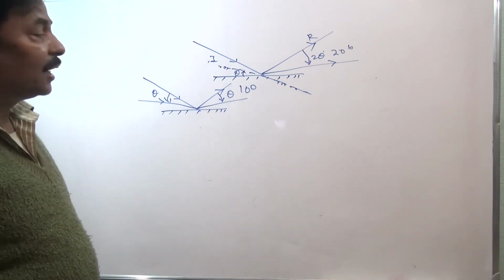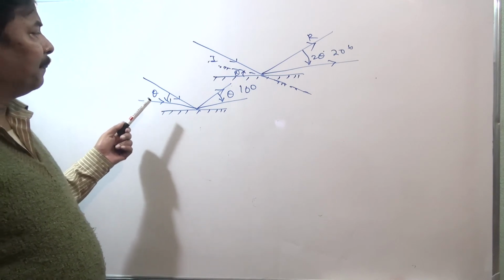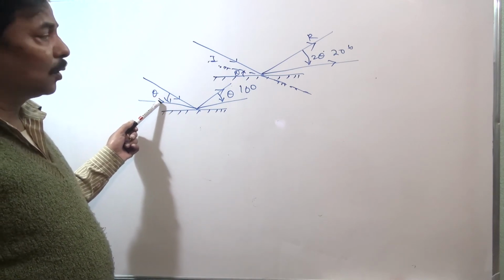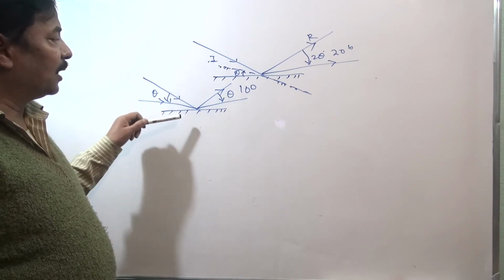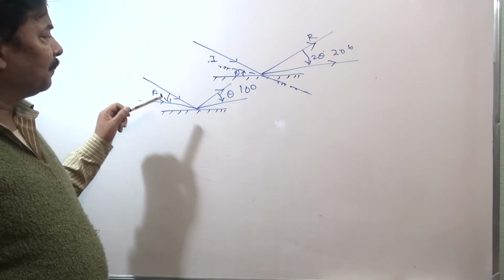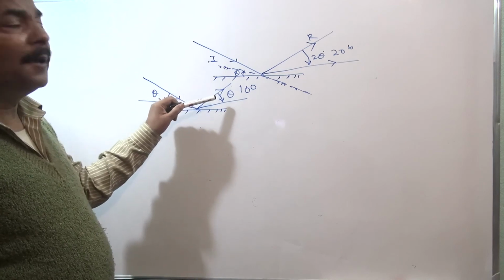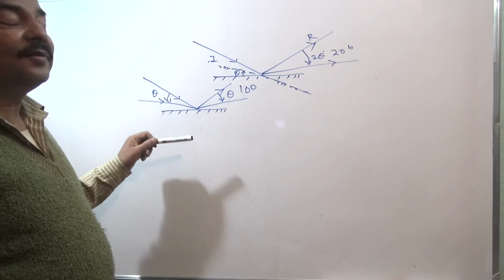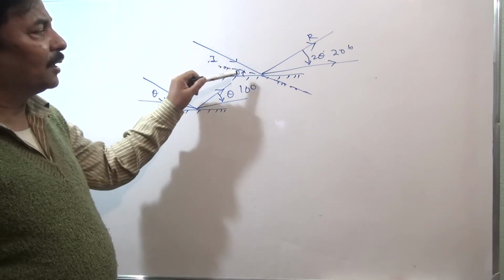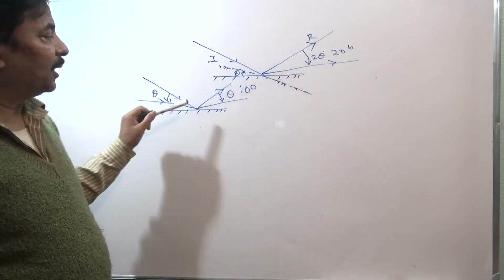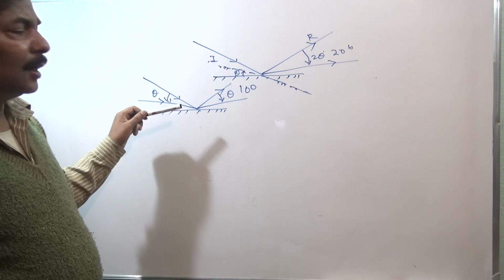You have to understand in a better way that if it is anti-clockwise, it is clockwise. That means rotation value remains the same, but the only thing is that the sense of rotation is opposite. Here the sense of rotation is same, but here the sense of rotation is opposite.